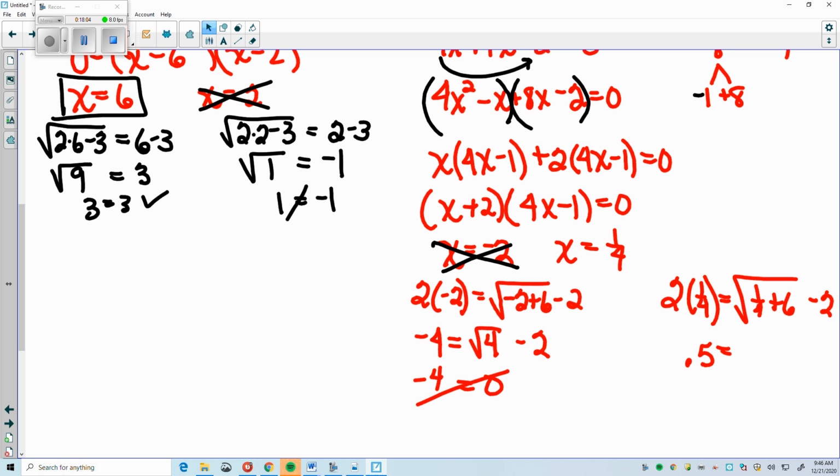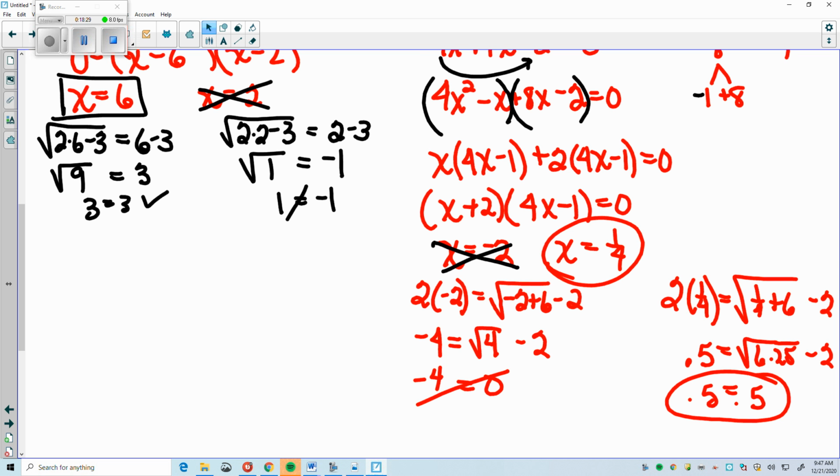And over here, in all honesty, I'd probably just grab your calculator to plug in all of this stuff, but this would give me 6.25, right? So I get the square root of 6.25 minus 2. And when you plug that in your calculator, the square root of 6.25 gets you 2.5. Subtract out the 2, and you get this. That's good. That's a good check. That means 1/4 is actually going to be your answer.